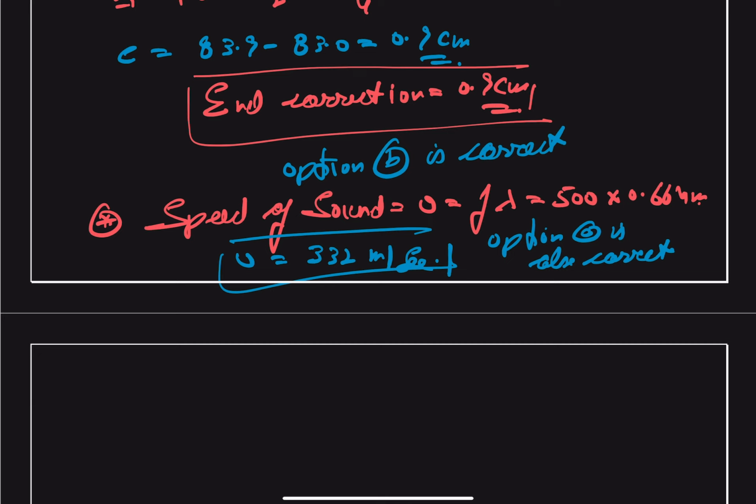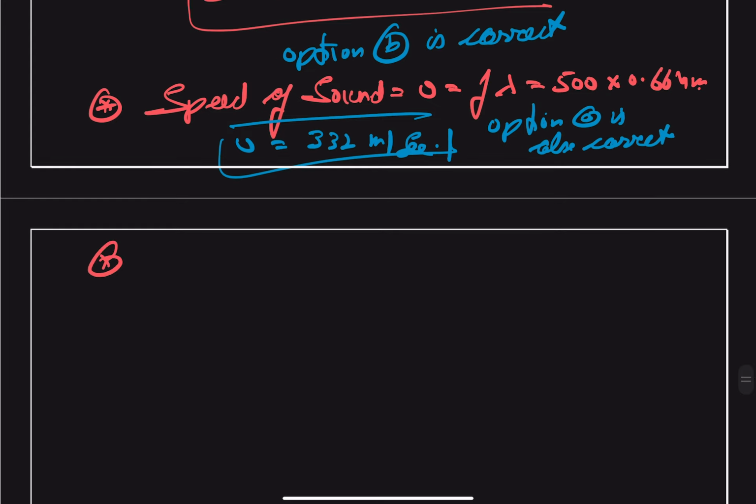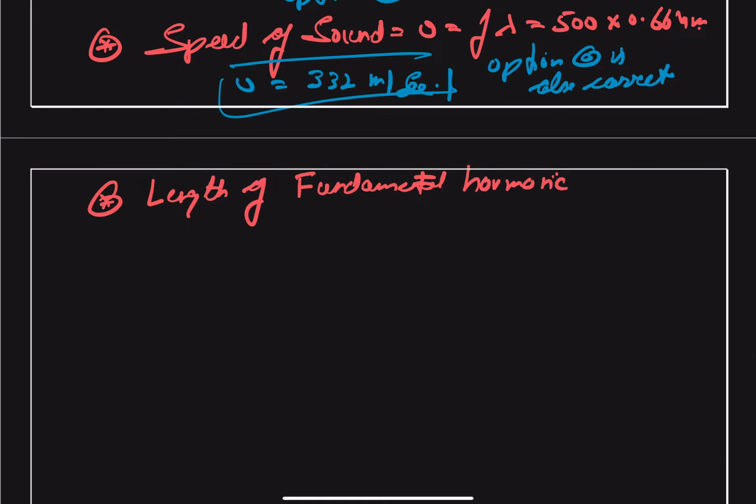And finally, we are going to find the length for the fundamental harmonic. For the fundamental harmonic, the value of n is equal to 1.